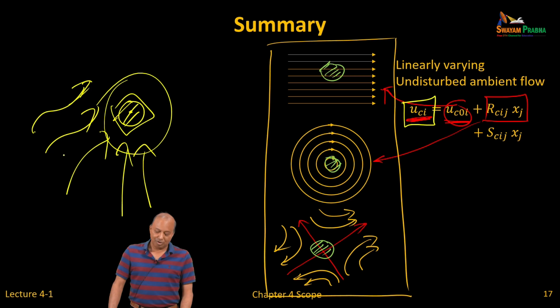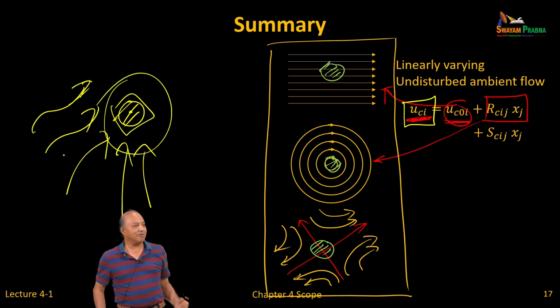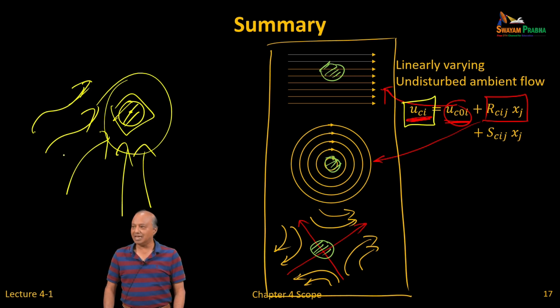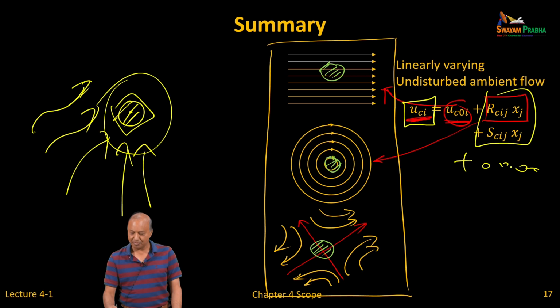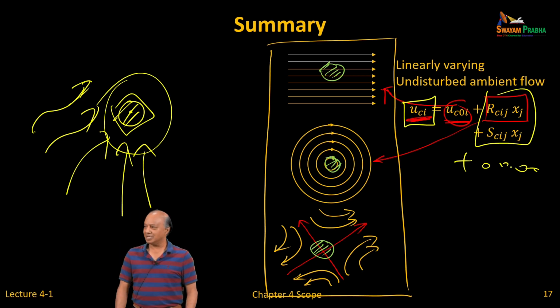Then to the leading order, it's a uniform flow, and then you can do a linear term. This is the first term of the Taylor series, and there are other terms in there. It's a vectorial Taylor series in 3 dimensions.